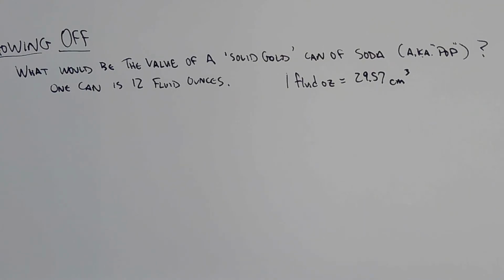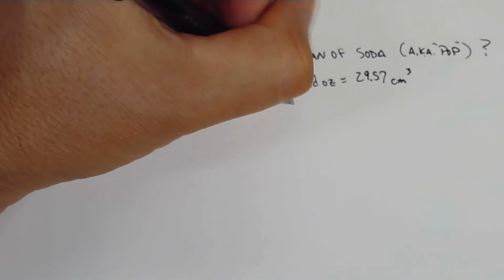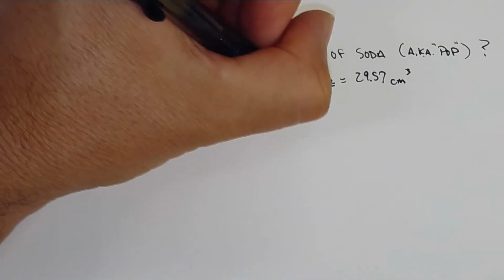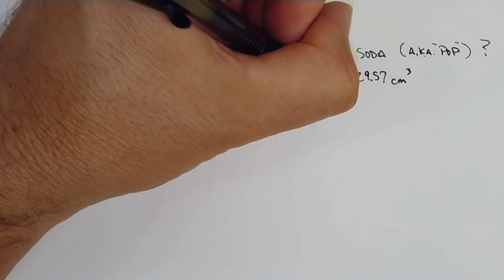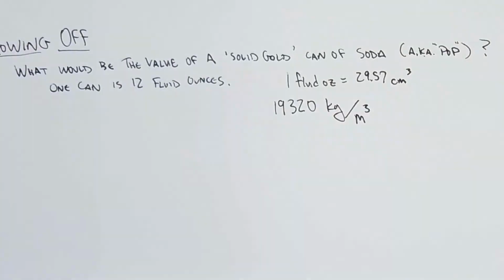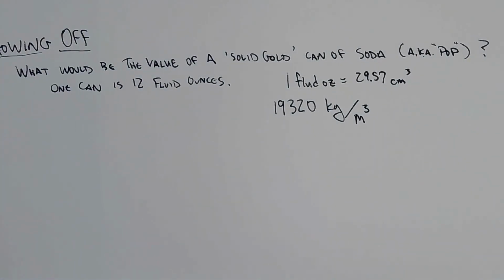Okay, next up, gold itself has a density. Now again, this is not the value you would normally use. This is a scale too big, but we're going to use it just so we can show you how these conversions work out.